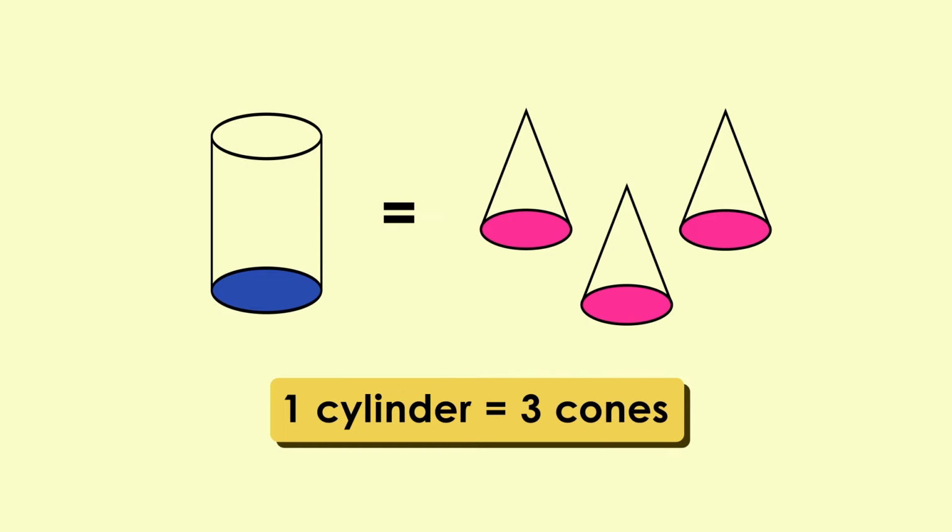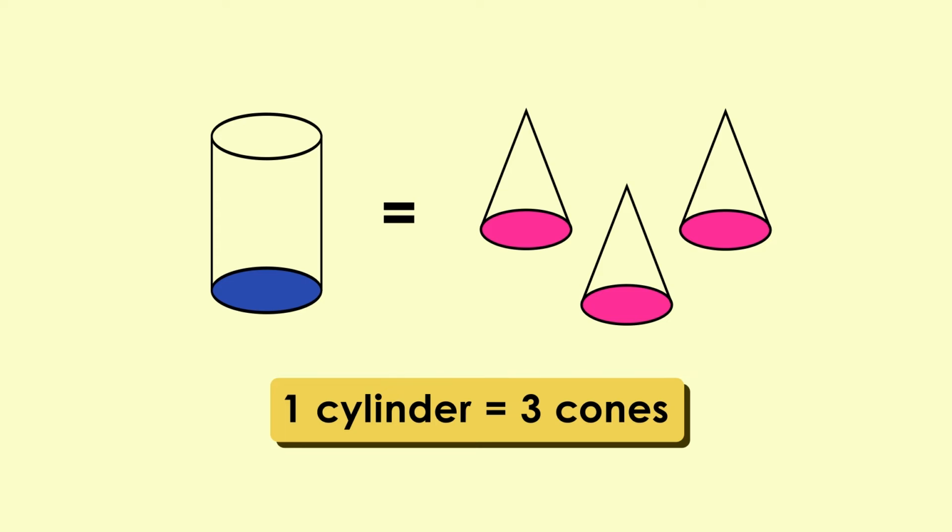This is a cone. Do you know the relationship between a cylinder and a cone with the same radius and height? Well, the relationship is as shown. The volume of a cylinder is equal to the volume of 3 cones with the same radius and height.